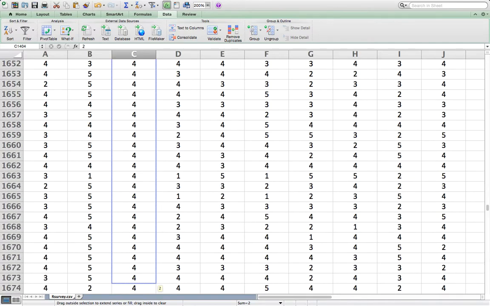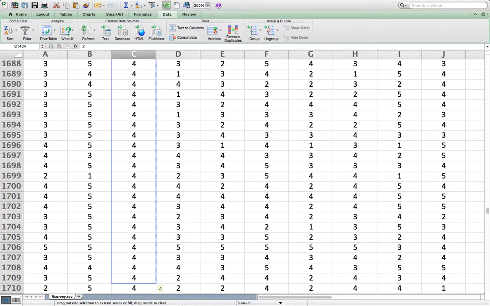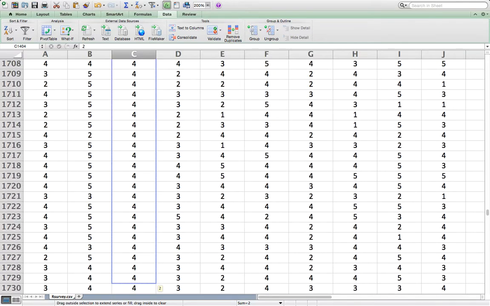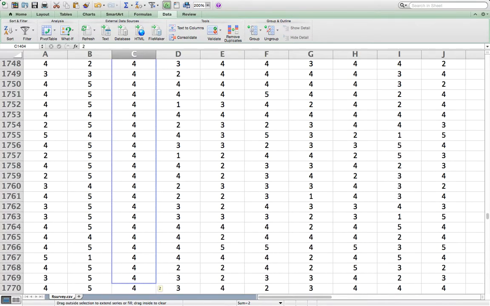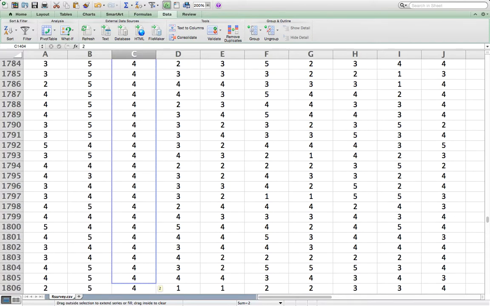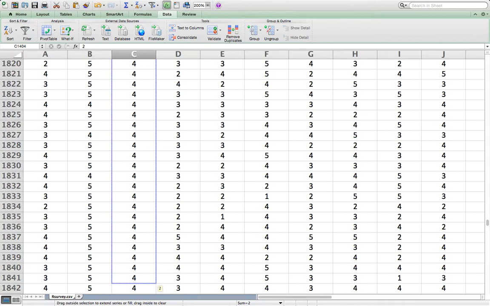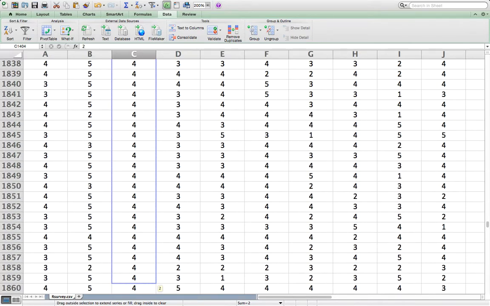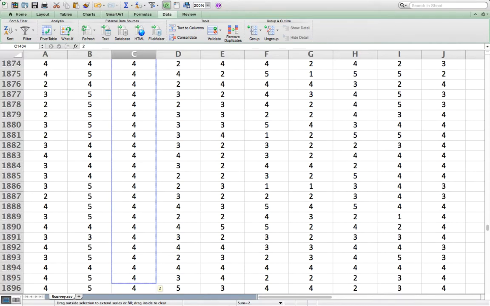Wow, this is incredibly boring. Sorry, guys. I should have done this beforehand. It's one thing I like about Excel in my office with my PC, this stuff just works quicker. It just doesn't work as fast with the Mac for some reason.